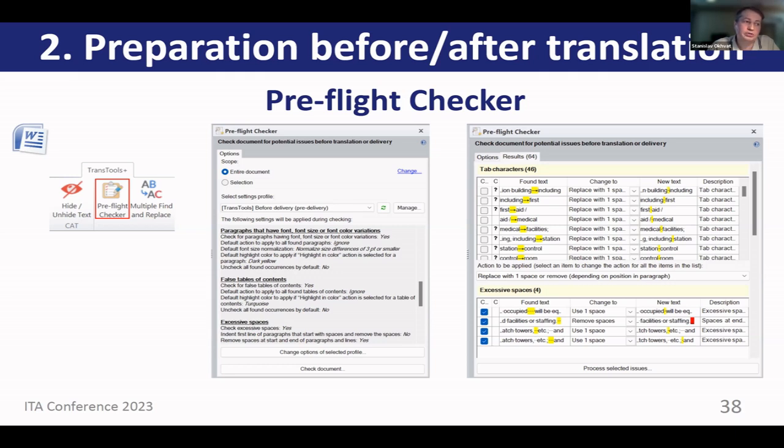These issues include tab characters, excessive spaces, fixed height table rows, false tables of contents, hidden text, highlighted text, and more. And it not only finds each issue, but also allows you to deal with it in a number of ways.